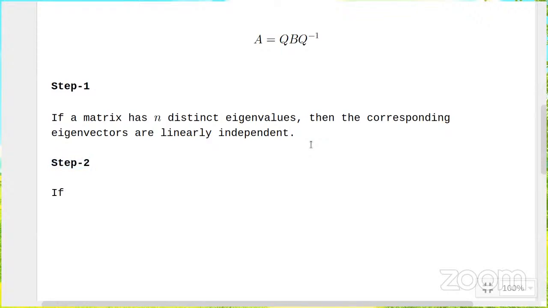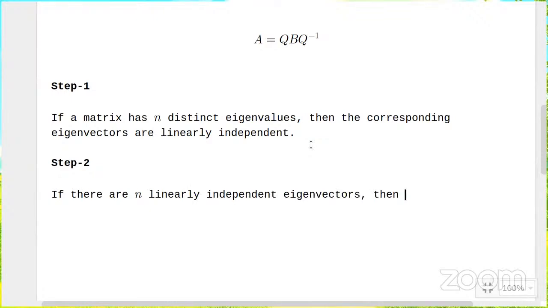if there are n linearly independent eigenvectors, then the matrix is diagonalizable. Okay, this is the basic definition of a diagonalizable matrix, right? This is what we started off with. If you remember, if you have a basis of eigenvectors, then your matrix is diagonalizable.